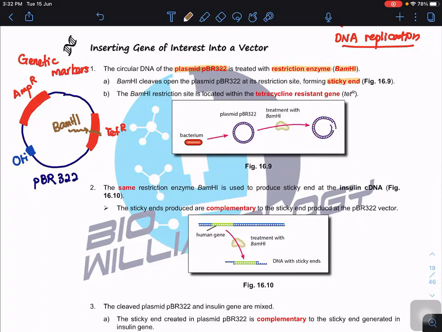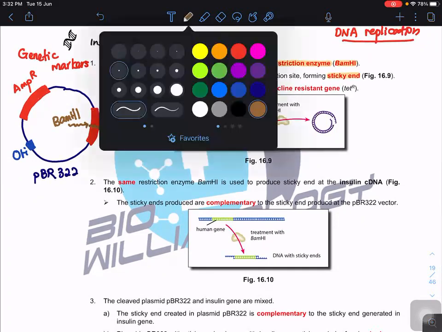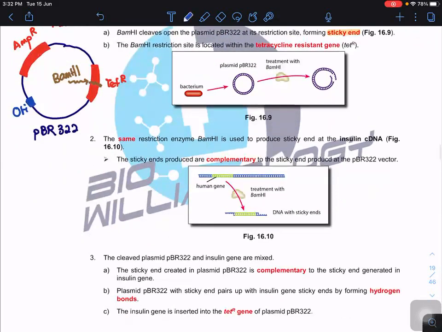If we use BamHI to cleave the plasmid, then we come back to our DNA molecule, the insulin cDNA.